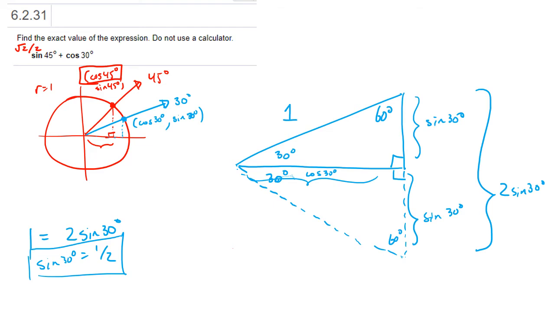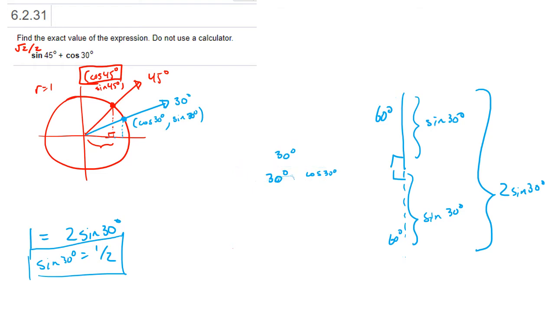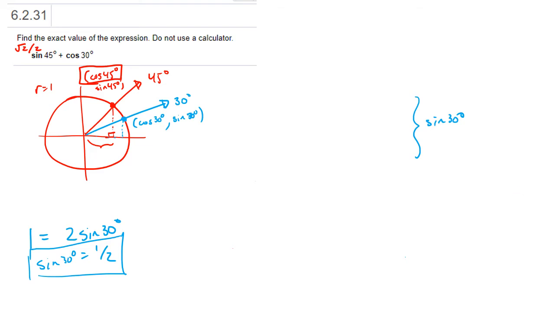Unfortunately, we wanted the cosine of 30 degrees, so what we're going to do is we are once again going to use what's called the Pythagorean Identity, x squared plus y squared equals 1 on this unit circle. The y-coordinate is the sine of 30 degrees, but the cosine of 30 degrees, which is what we were after, is the x-coordinate. So the coordinates of this blue point are given by x and y, but on the circle x squared plus y squared equals 1.